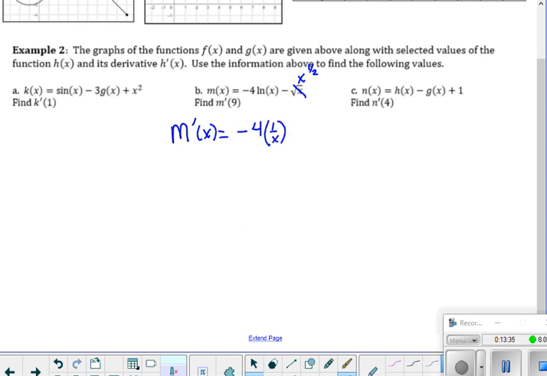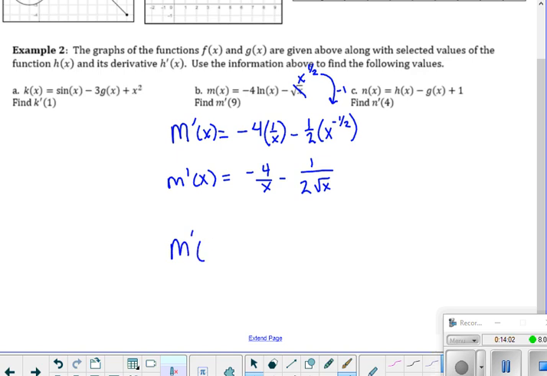I just didn't so that you could follow the work a little easier. Next, we're going to bring down the 1/2 and then reduce this by a power, right? Subtract 1 will give me negative 1/2. M prime of x. Here's my nice general derivative: negative 4 over x minus 1 over 2 square root of x, because that negative half bounces it to the bottom.